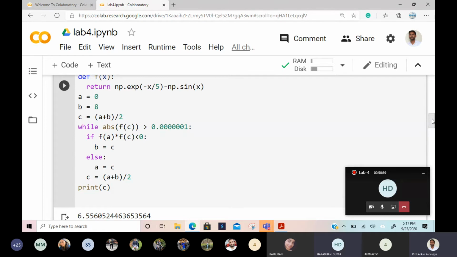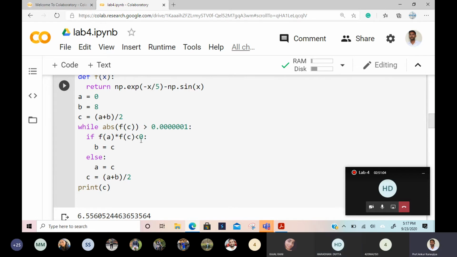But sir, my question is in 0 to 8, C is equal to 4, and F of A and F of C are both of the same sign. So how are the roots between A and C? F of A and F of C have the same sign.